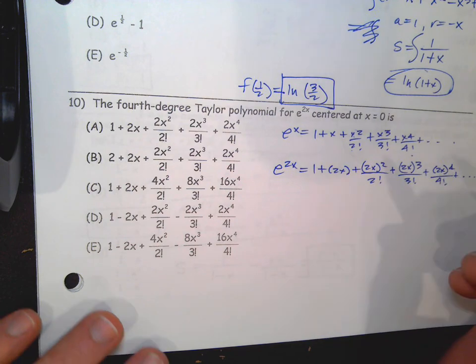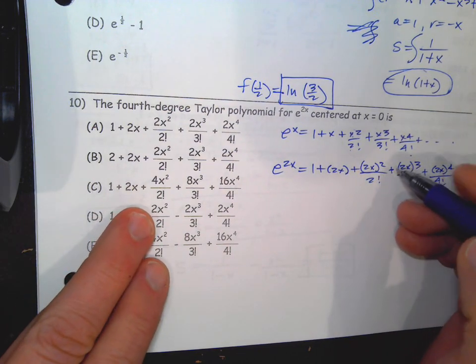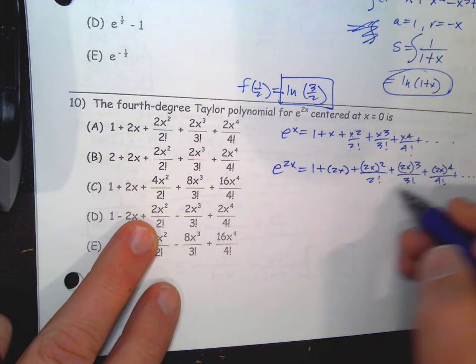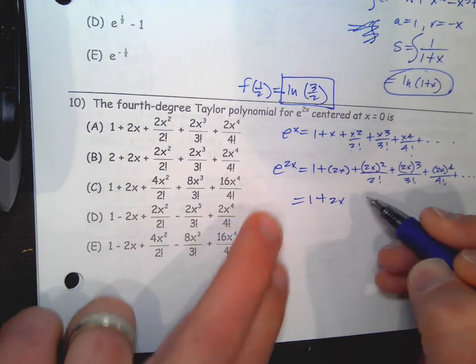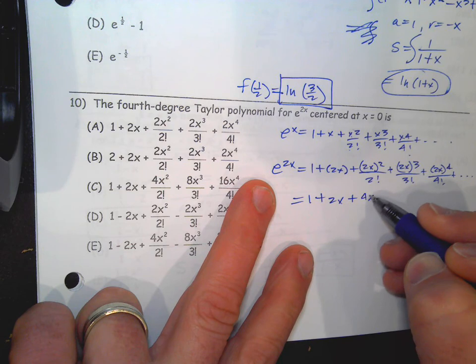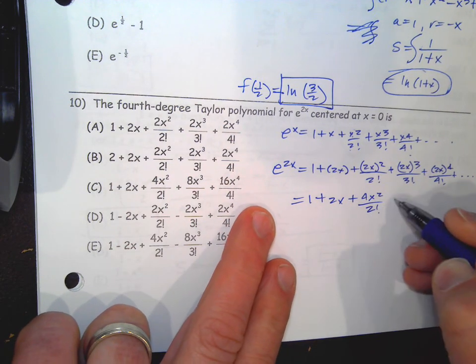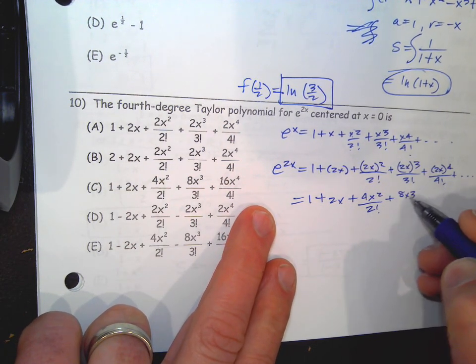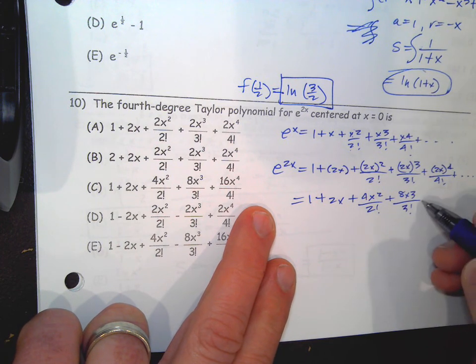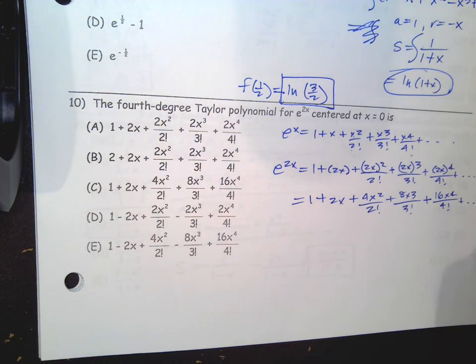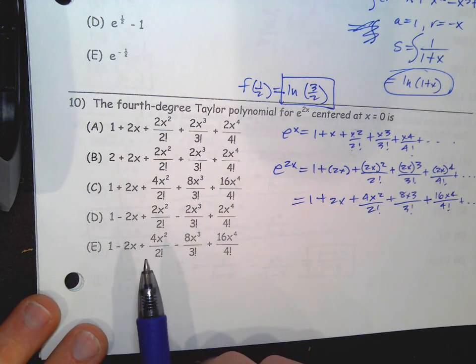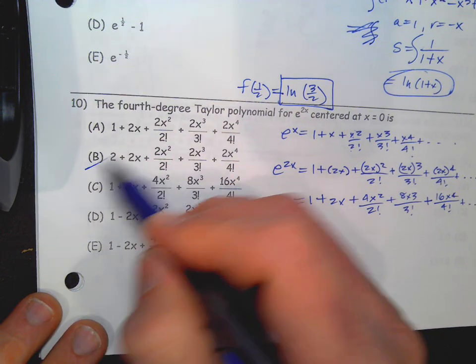So centered about 0, that's what this one is. That's a Maclaurin series. So I'm looking for something that looks like this. Now, I don't think I necessarily need to simplify this for me to match it up, but it is going to be 4x squared plus 8x cubed plus 16x to the fourth. I mean, you can do that if it helps. That's the way all these answers are written. So anything that doesn't have a 1 in front, that one's out.